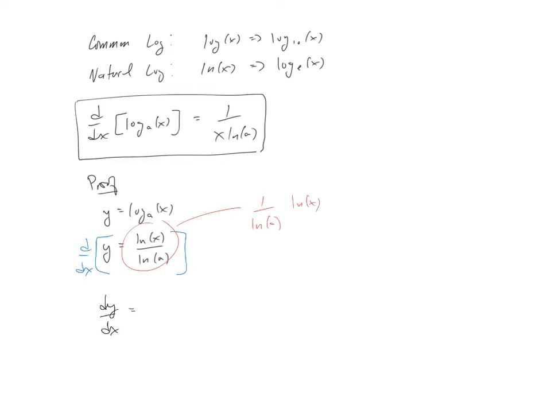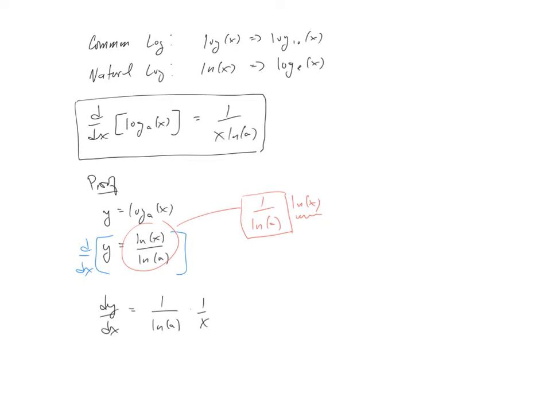The reason why I think it's helpful to write it like that is because this is fully a constant. The natural log of a is going to be a constant. And so really, I'm just taking the derivative of this multiplied by our constant. So that's going to give us our 1 over the natural log of a times 1 over x, which of course is this thing right here.